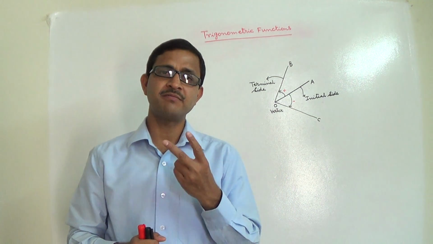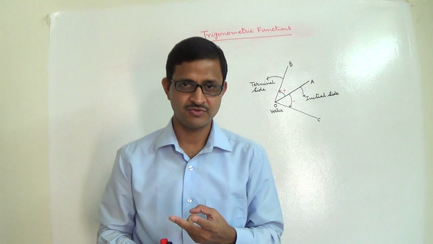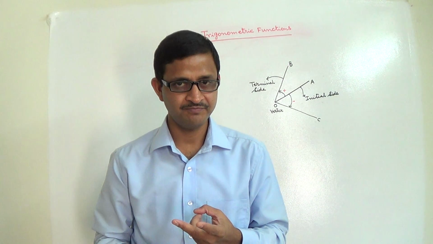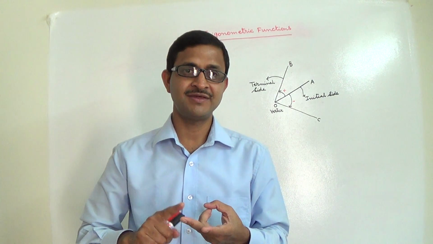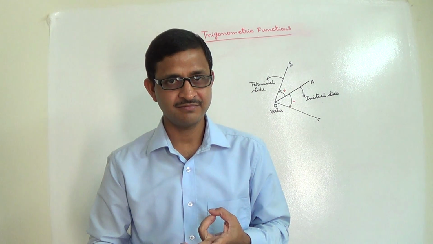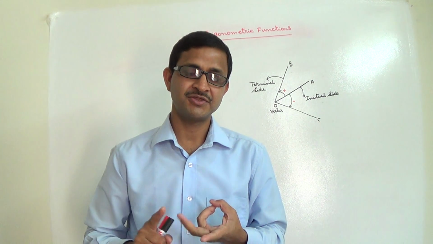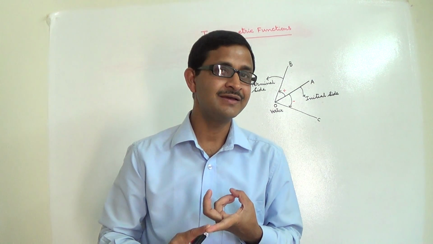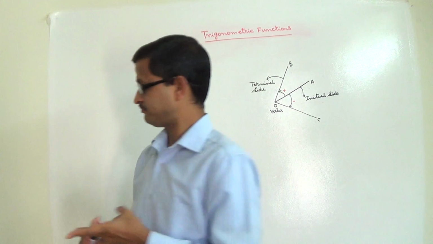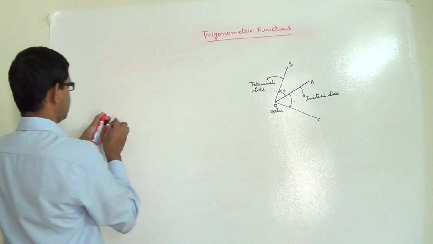There are two primary, very popular systems by which we measure angle. These are known as the sexagesimal system, which is the degree measure, and the circular system, which is called the radian method.